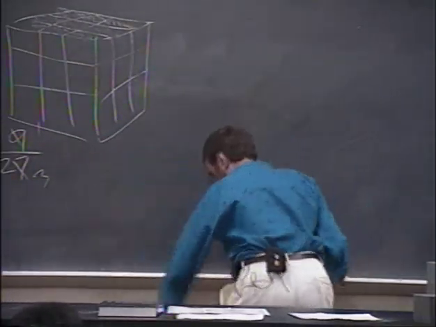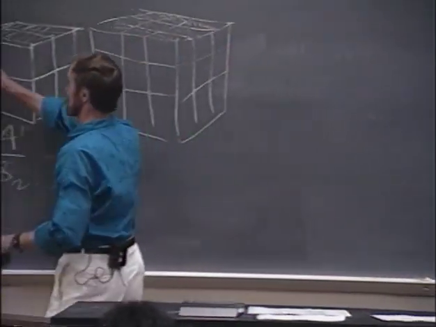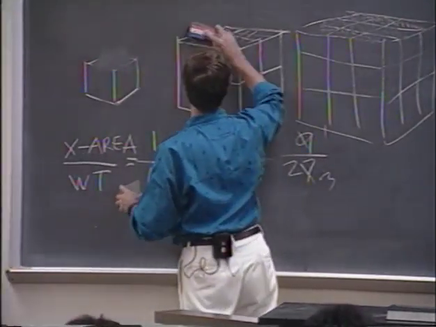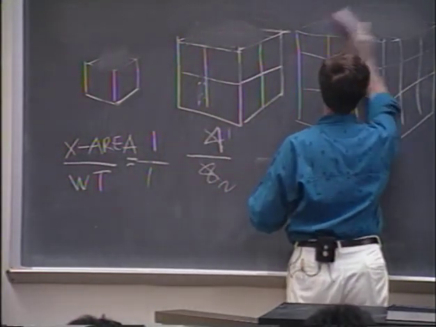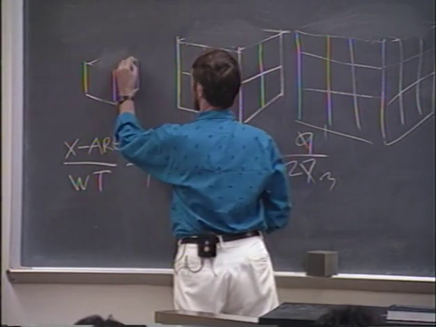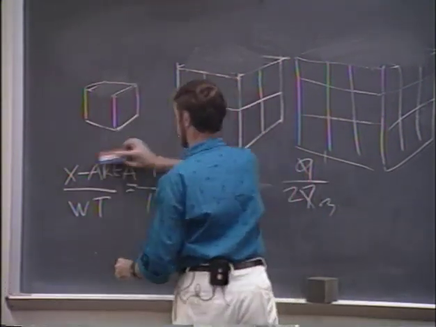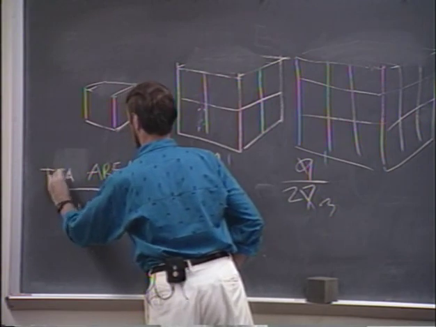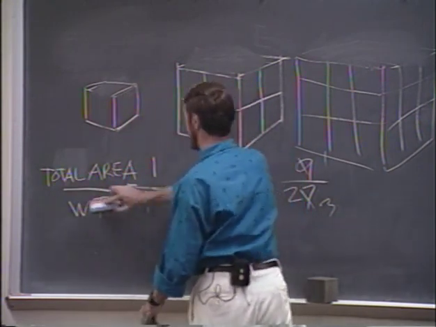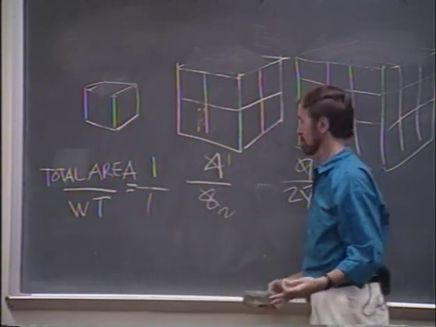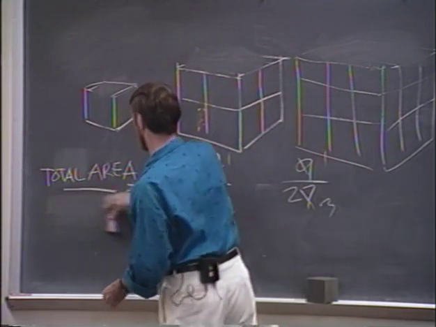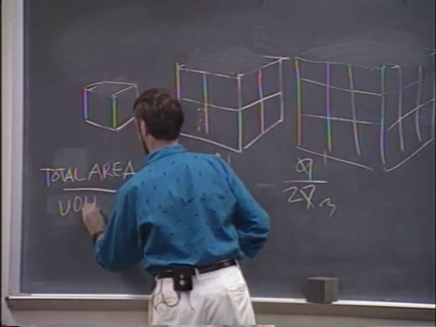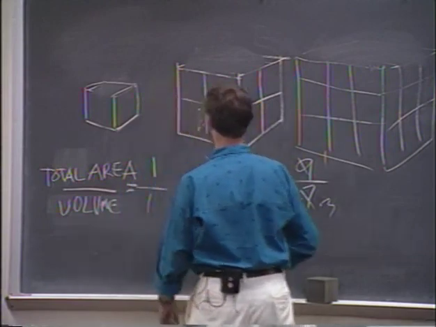So far I've been talking about cross-sectional area, just the area through here. Let's talk about the total area. Total area to weight, or to volume. Let's call it volume. Area to volume. Okay.